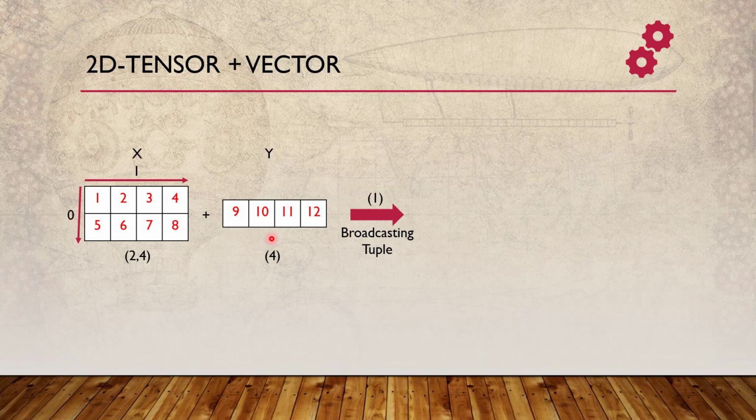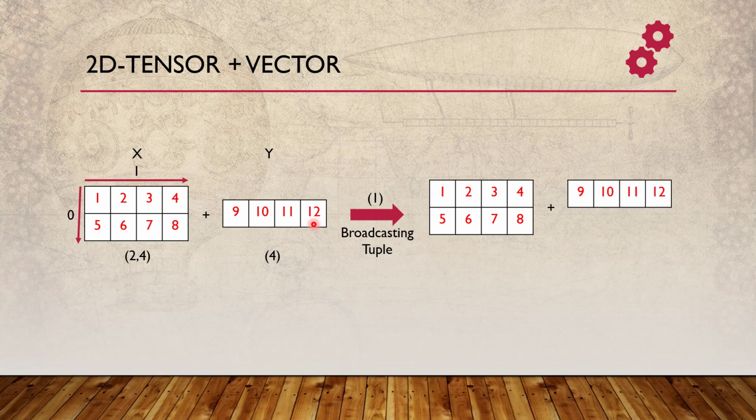But as currently we are broadcasting based on dimension 1, which has 4 elements, I have to have these 4 elements as my columns. So x will be as is, and y already has the 4 columns, so I just need to repeat it to make it 2, 4, because my end goal is to make y the same shape as x.